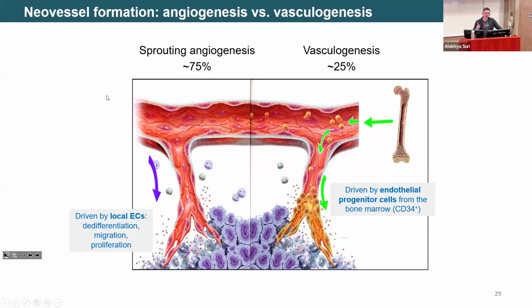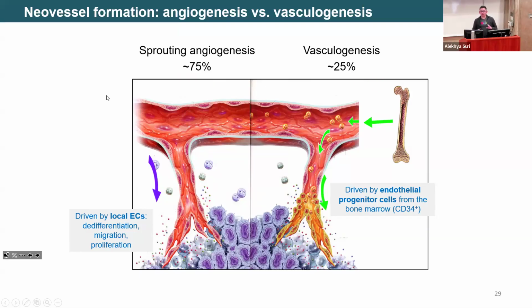And angiogenesis is triggered by the dedifferentiation, migration, and proliferation of pre-existing endothelial cells, right? So these are endothelial cells from an established blood vessel that change their phenotype and lead to the formation of a new blood vessel.